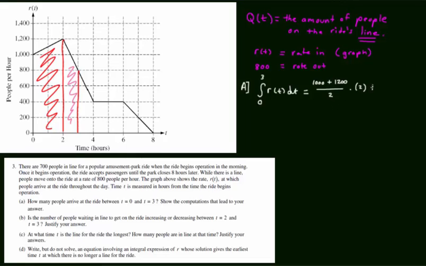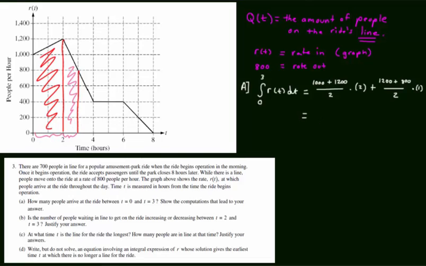And then I'm going to add to that the pinkish trapezoid, which has bases of 1,200 and 800. Divide that by 2, but the respective height of that is 1. See, this is a height of 1, while this was a height of 2.